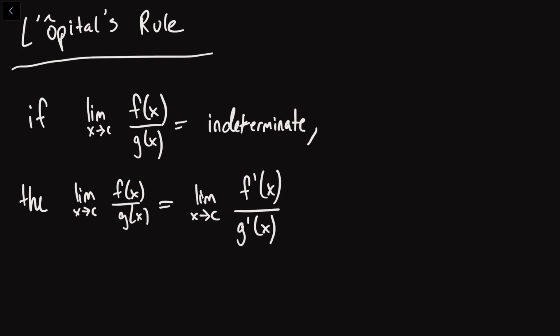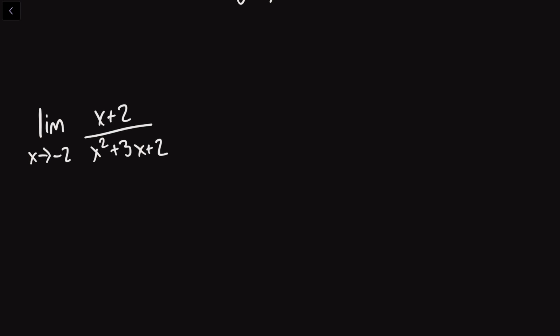So let's use that example from above. That example was the limit as x approaches negative 2 of x plus 2 over x squared plus 3x plus 2. So we plugged in negative 2 and we got 0 over 0. So what we want to do is take the derivative of the numerator.